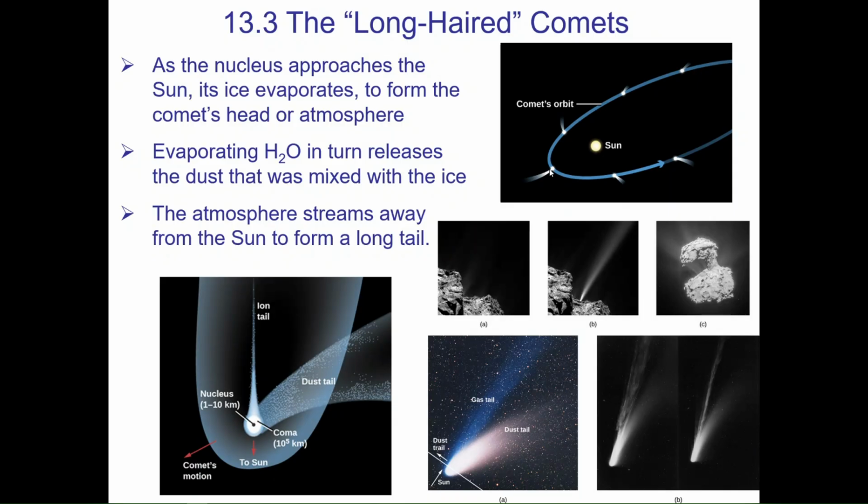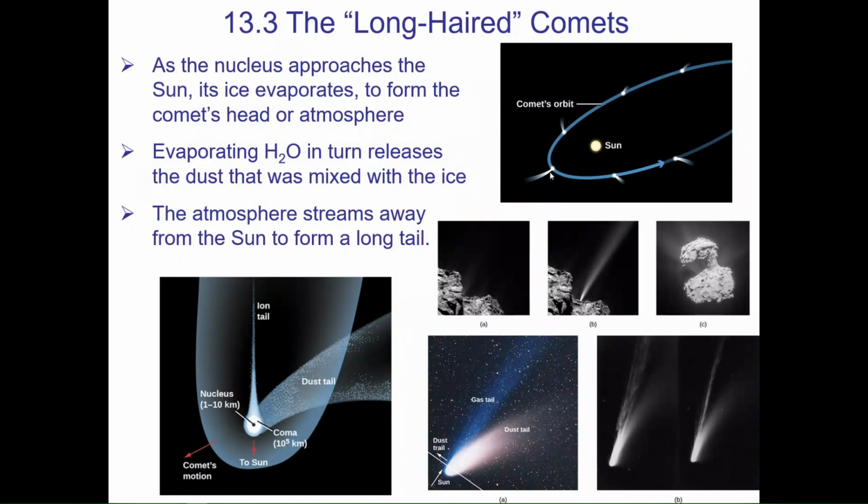If you look at the tail of a comet, it always points away from the sun. We believe that is due to the radiation or the solar wind from the sun that drives the tails away from the sun.